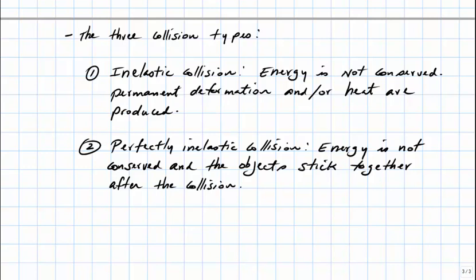If that's the case, if they stick together, then they will have the same final velocity. And therefore, V1 final will equal V2 final, and we will just abbreviate those velocities as V final, because there's no distinction between them. Let's now see how this would affect the conservation of momentum theorem.